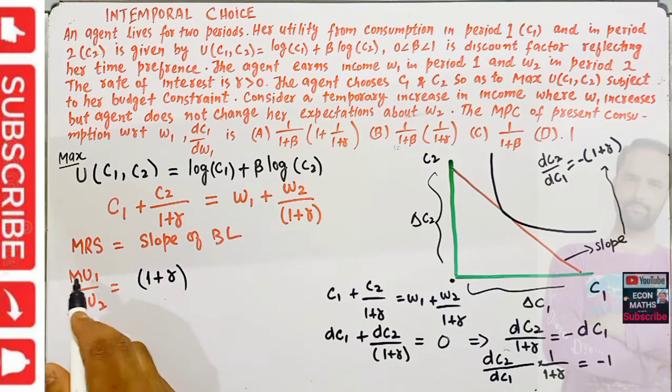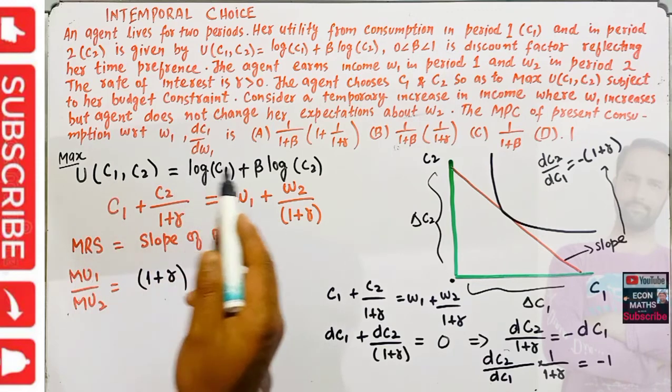And what is the marginal utility of consumption in period 1?